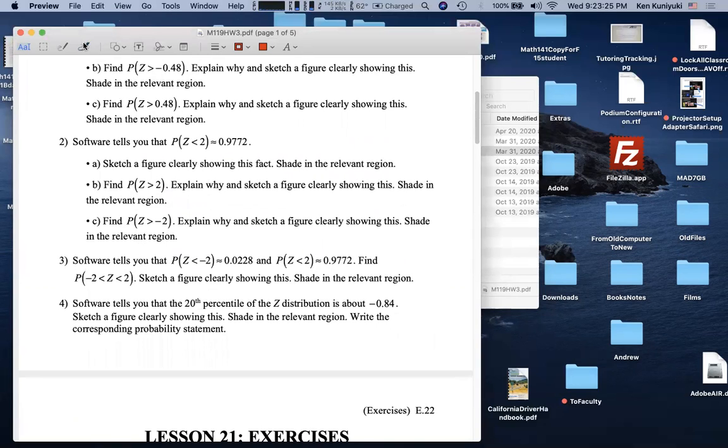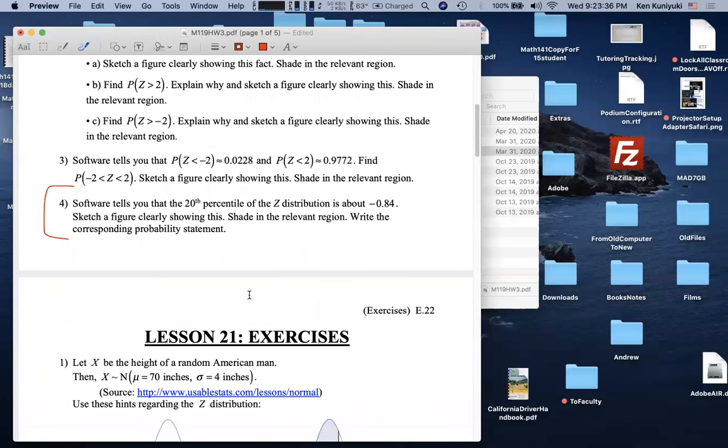All right. Oh, number 4. So 24. Okay, software tells you that the 20th percentile of the z distribution is about negative 0.84. Sketch a figure clearly showing this, shade in the relevant region, write the corresponding probability statement.